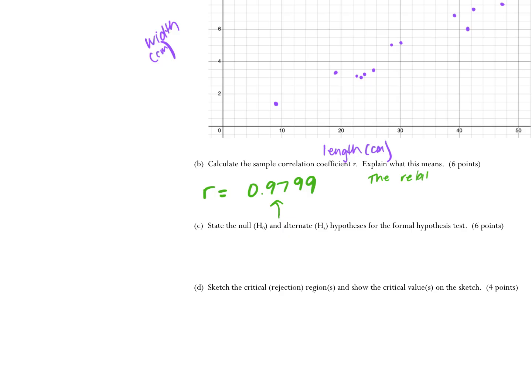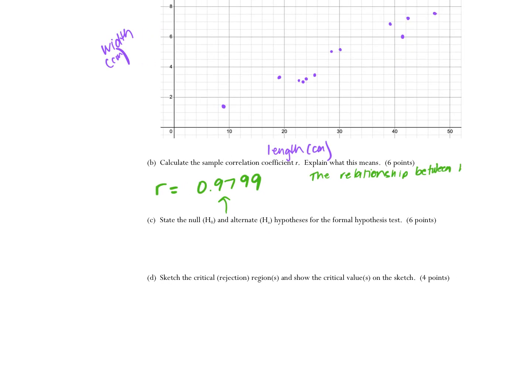The relationship between length and width of perch is very strong and positive.